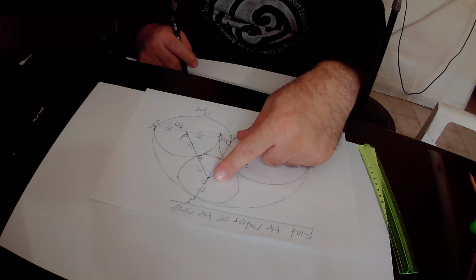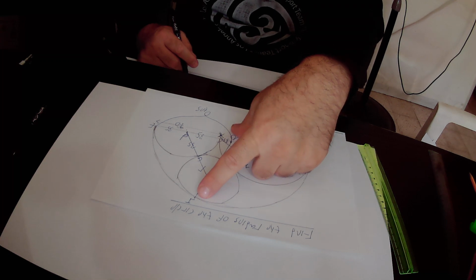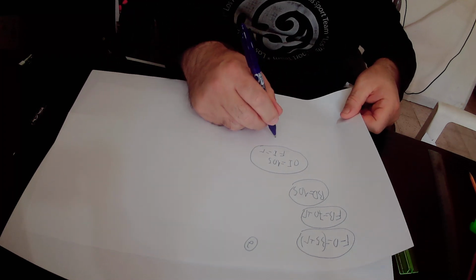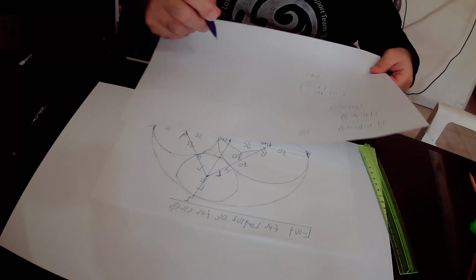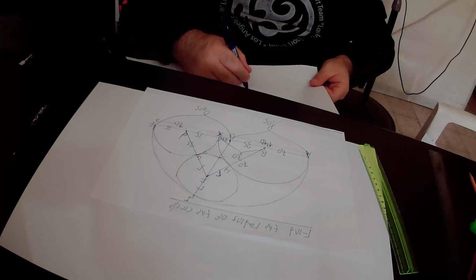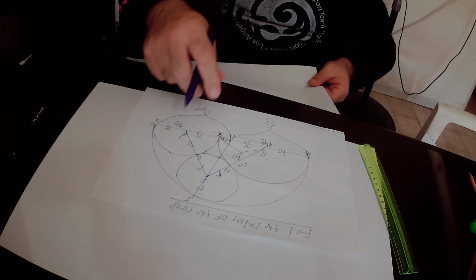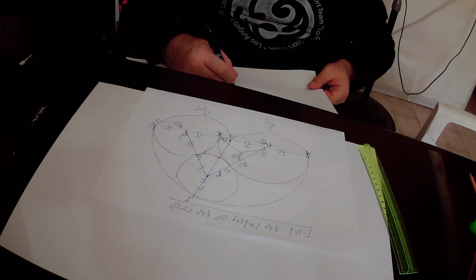That is to say, FO equals OI minus FI. I write it down. FO equals OI, that is the radius of the biggest semicircle, minus FI, that is the radius of the circle.